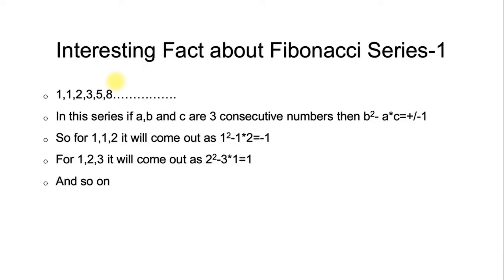It means that for any three consecutive numbers in this series, the middle term square minus the first term into the last term equals plus or minus 1. For the first three terms, 1, 1, 2, it is 1 square minus 1 into 2 equals minus 1. Similarly, for 1, 2, 3, it comes out as 2 square minus 3 into 1 equals 1. And it goes on like that.